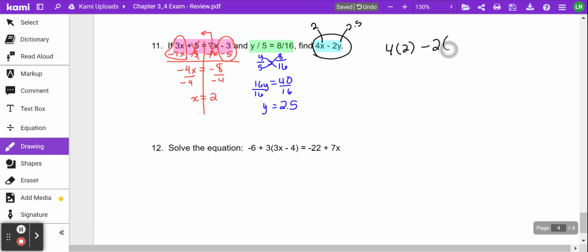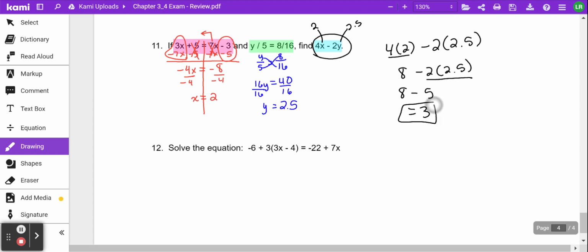Minus 2 times 2.5. I'm going to do this problem. Please excuse my dear Aunt Sally. 4 times 2 is 8. Multiply, negative 2 times 2.5 is negative 5. And finally, 8 minus 5 is 3. So the final answer to this problem is 3.